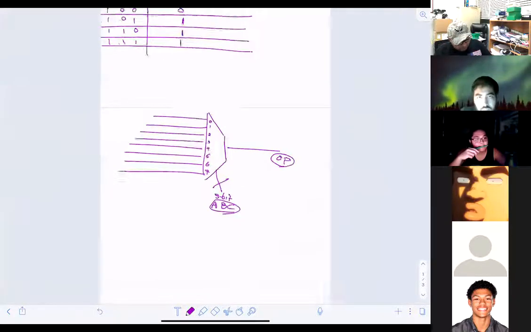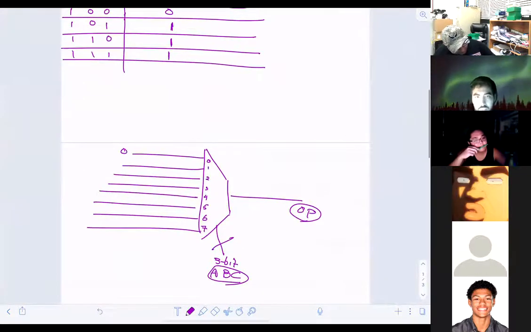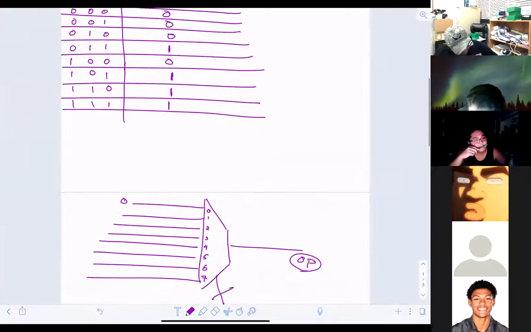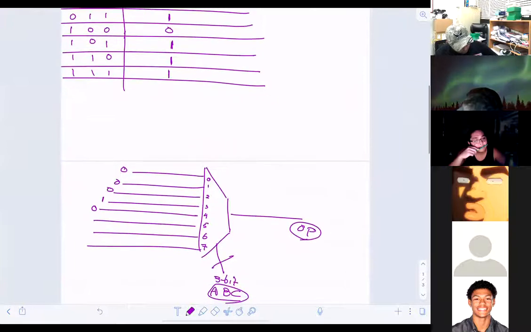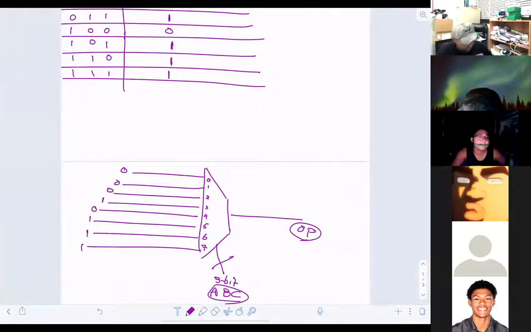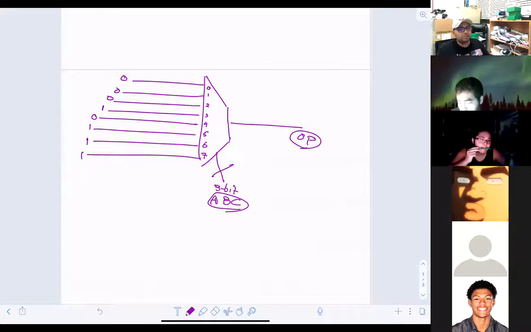So we can go back to our table and see that in that case it should be connected to 0, 0, 0, 1, 0, 1, 1, 1. So what's in front of you is an 8x1 multiplexer which is performing a 3-input majority encoder. What do you think? Sounds interesting?